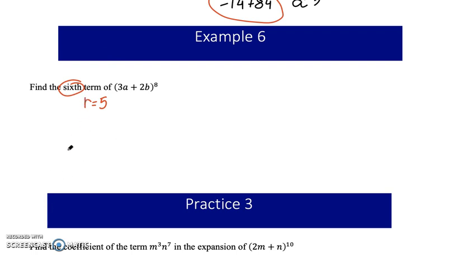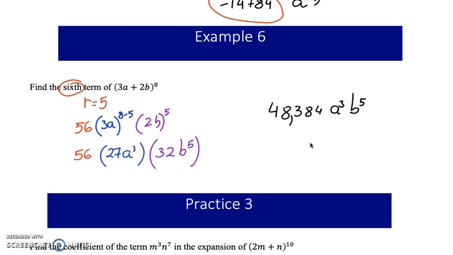According to my calculations or Pascal's triangle, the coefficient will be 56. Term 3a will have to be raised to the power of 8 minus 5. And the second term, 2b, will have to be raised to the power of 5. And I put everything together and I find my final answer. This will be my sixth term.